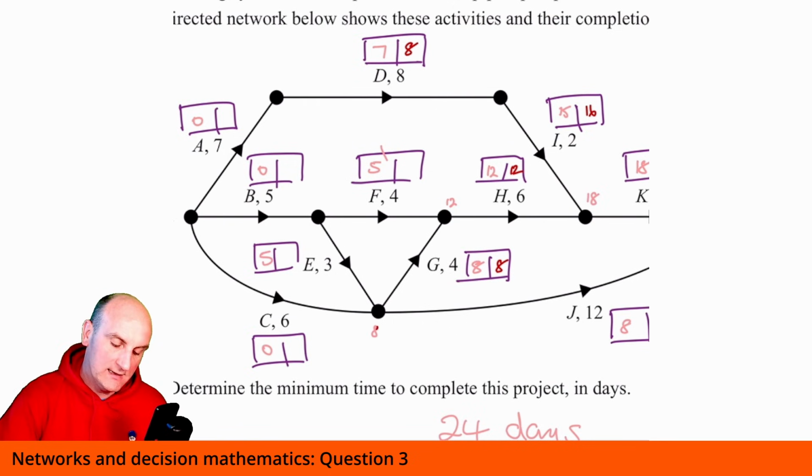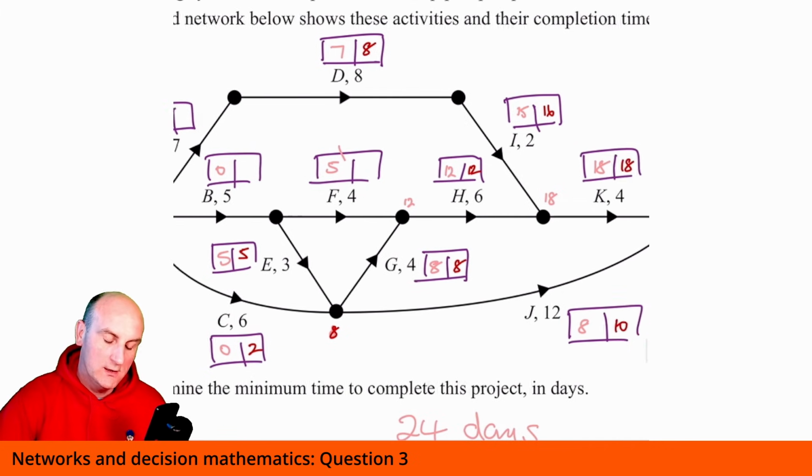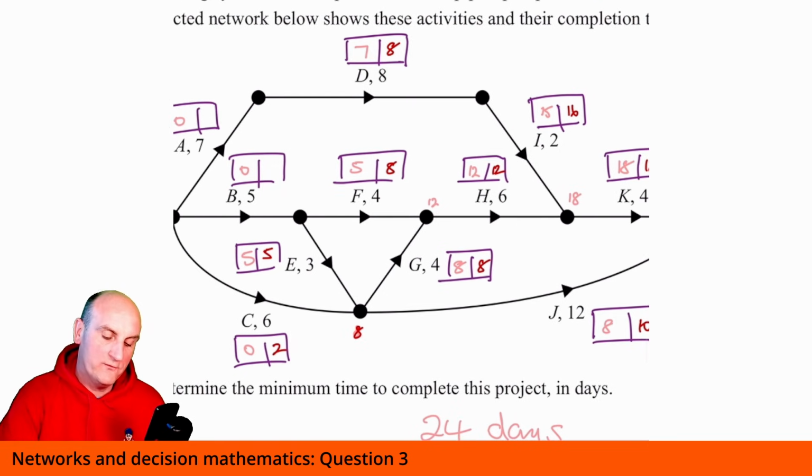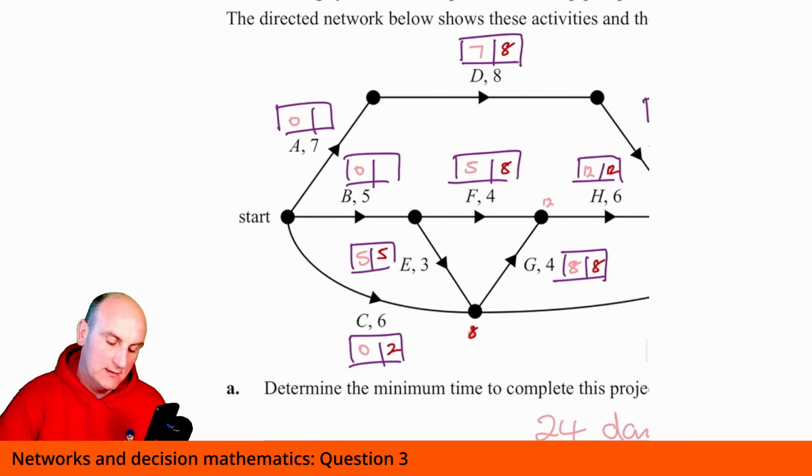So that's going to give me 8 there. 8 minus 3 gives me 5. 8 minus 6 gives me 2. Where are we now? 12 minus 4 gives me 8. I don't know what that line's all about. Let's just check I got that right. 12 minus 4 is 8. Yep, I've got a choice coming in there between 8 and 5. Choose the smallest one.